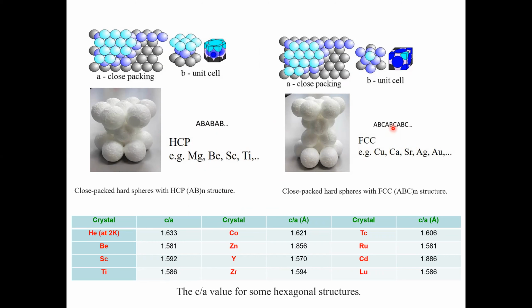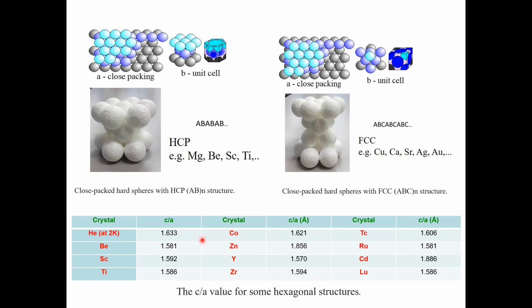And for ABC, ABC, ABC, we call it cubic close-packed spheres, or FCC, because from this figure, if you cut this to make a cube like that, it just looks like FCC.